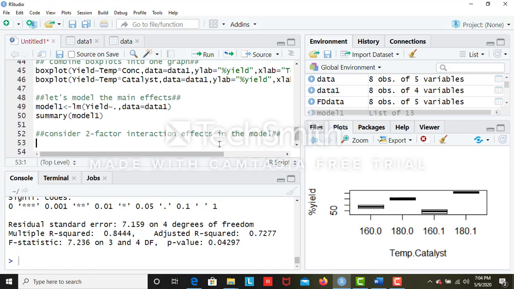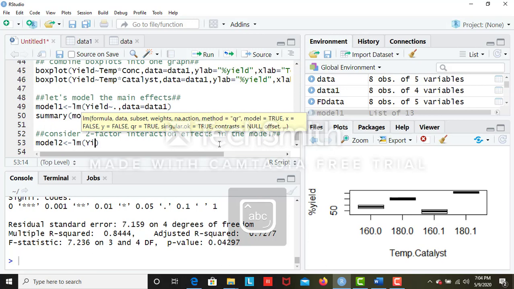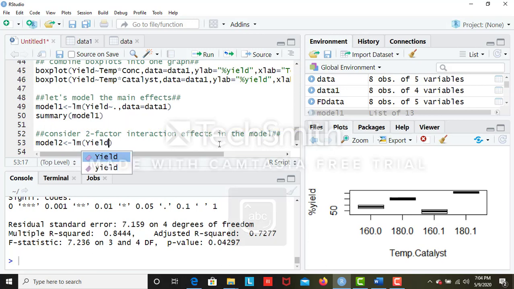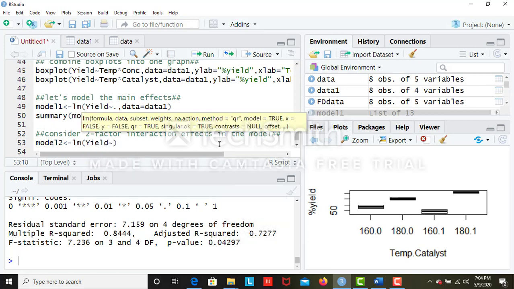So I'm going to call this model 2. I have yield, and I have this side here to the plot 2, and then I have data is equal to data 1.